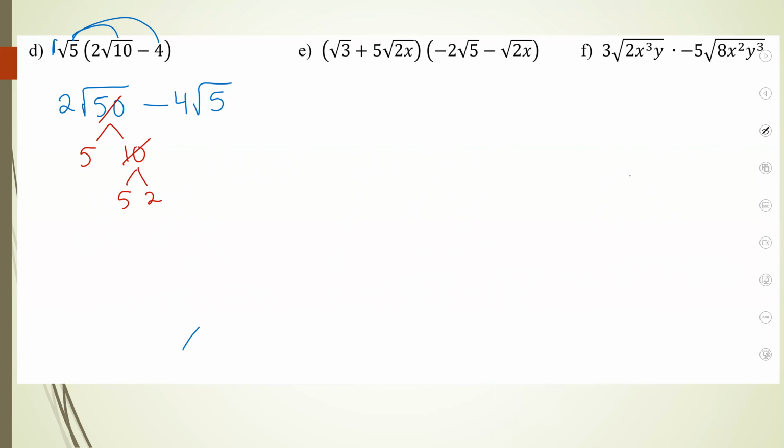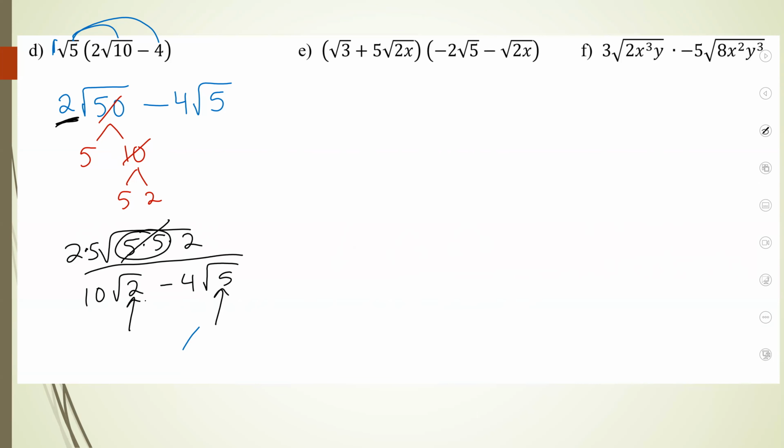So I have a 2 already on the outside. 5 times 5 times 2. Here's a group of 5s. So this is 10 square root of 2 minus 4 square root of 5. Can I combine these? No, because the insides aren't the same. So just leave it like that.